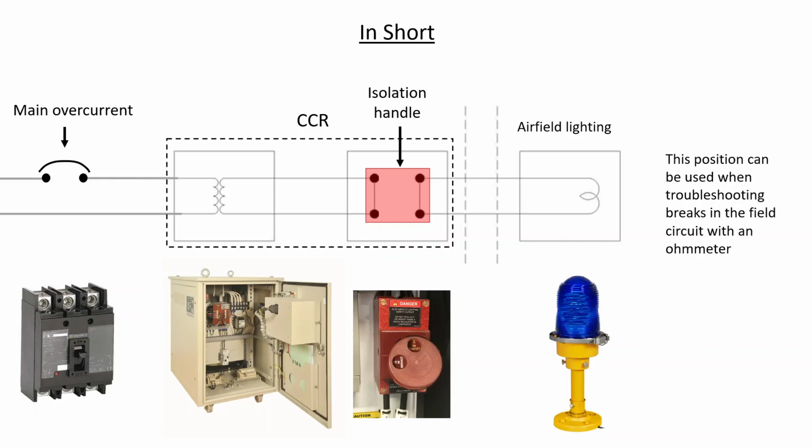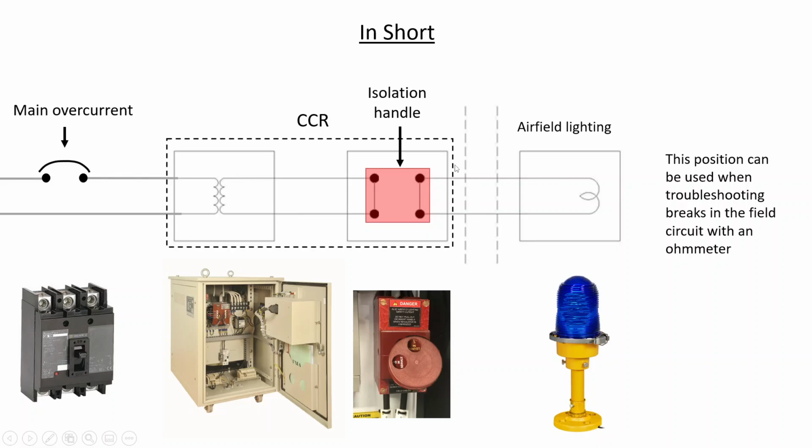In short, the isolation handle is actually short-circuiting the output of the CCR here, which causes no problem because remember, this is keeping a constant current, right? So even if we don't de-energize the CCR, it actually doesn't cause any damage because the CCR says, well, we got to keep the current down low at, well, remember, maximum 6.6 amps, so it just ramps the voltage down.